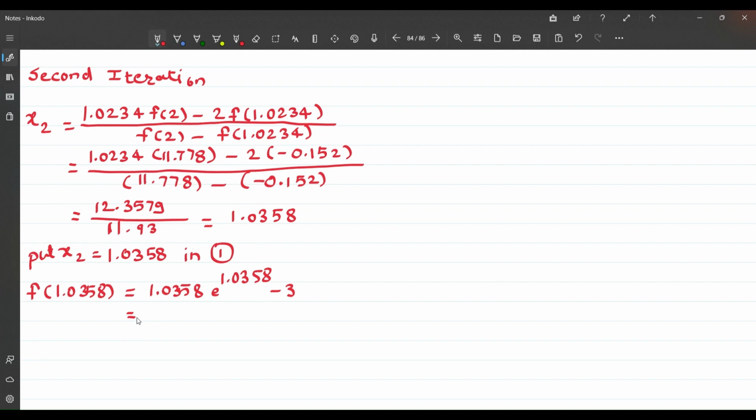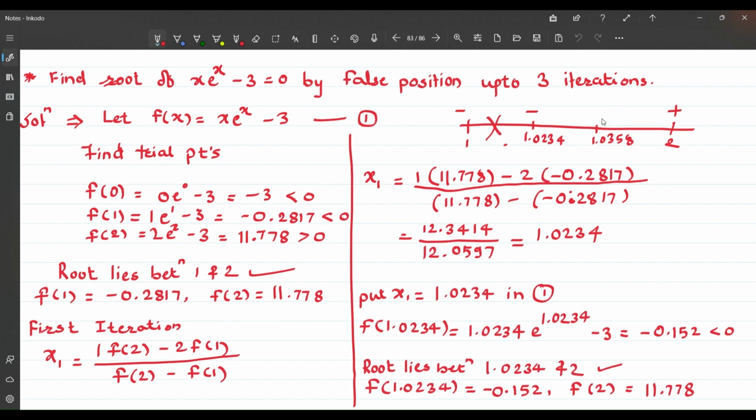By using the calculator, you can solve this. The answer is minus 0.0818. So our answer is negative, that is less than 0. So which side will get cancelled? This side. This negative is cancelled.